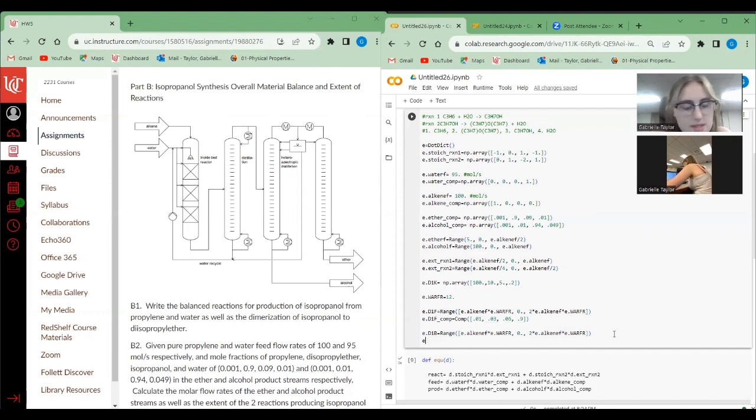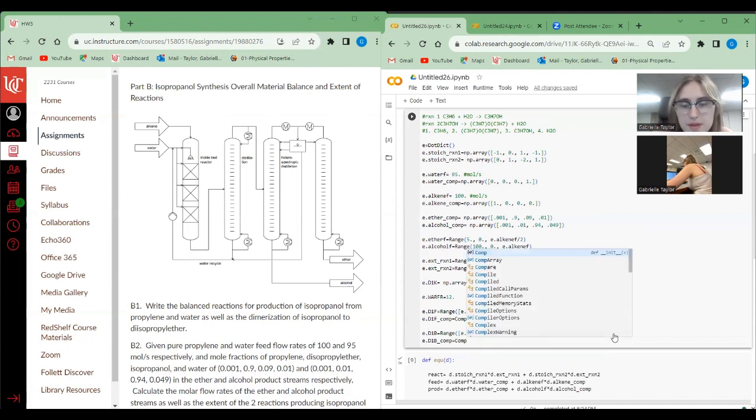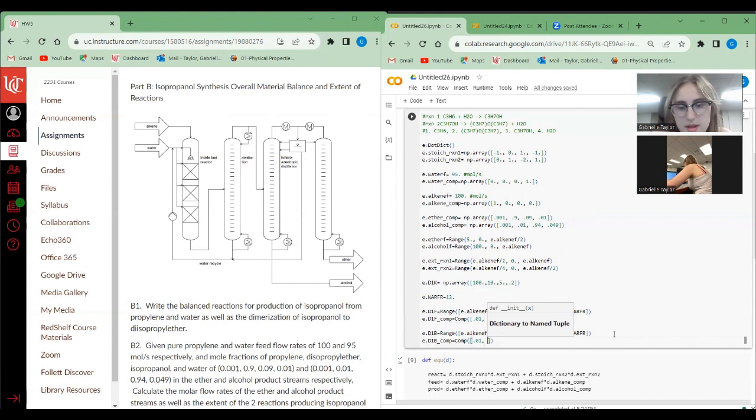So now we just want to do the composition. If we think about this, this should have a large quantity of water, right? We have our propylene as 0.1, and then a guess that we can have is that our ether, our alcohol, and our water are about the same.